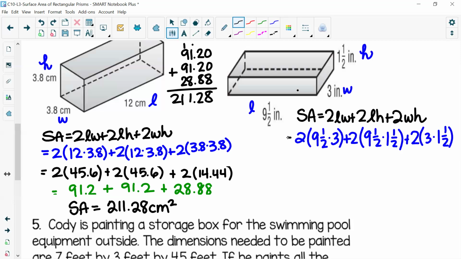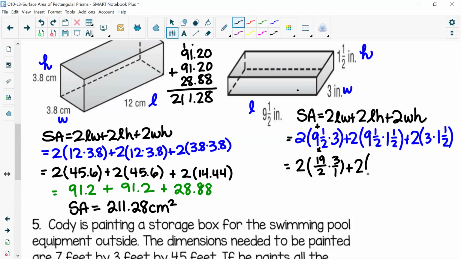All right, so now we're going to come right here, and we need to turn our mixed number to an improper fraction before we start multiplying. So 9 times 2 is 18, plus 1 is 19. So I have 19 over 2 times 3 over 1. Ooh, very nice.